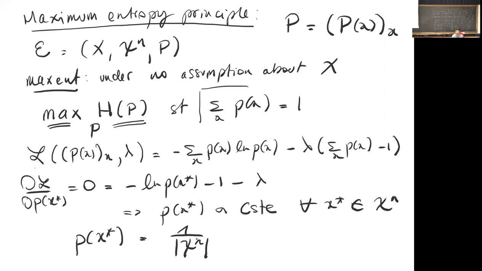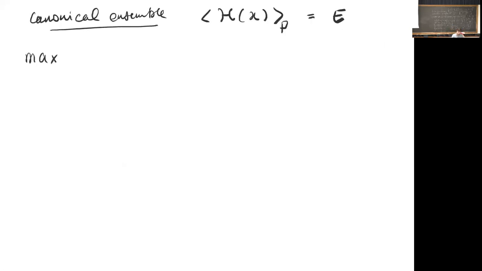Is it clear? But in general, you should check for more complicated functions. If you don't have concavity or convexity properties, you should be careful whether what you compute is a max, a min, or even a saddle point. Sometimes it can be neither a max nor a min. Maybe it's a max in some direction of the space, or it's a min in some other direction. But here we know it's a max.